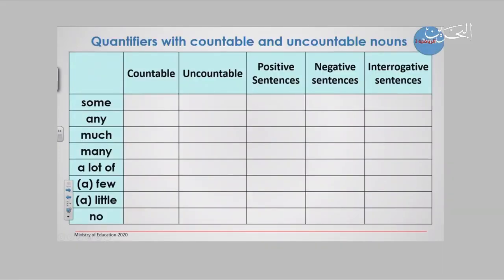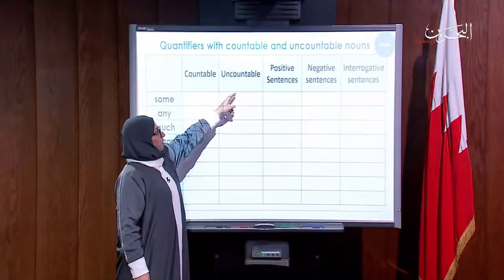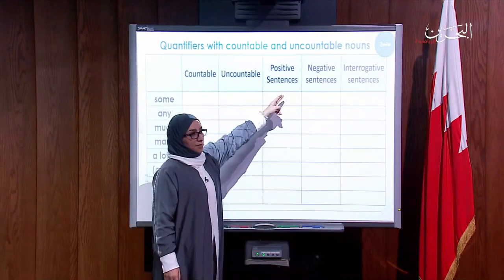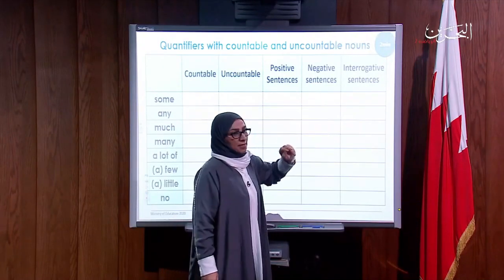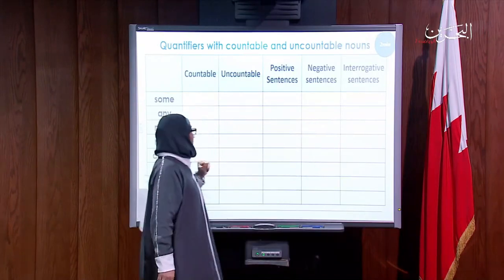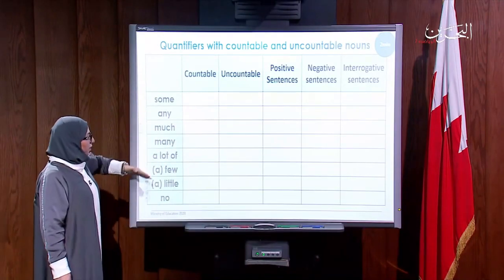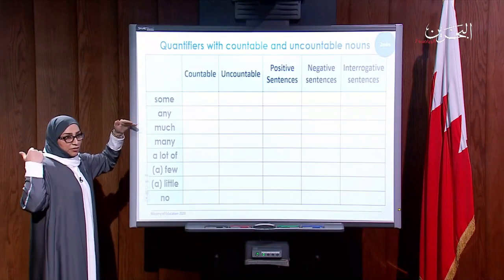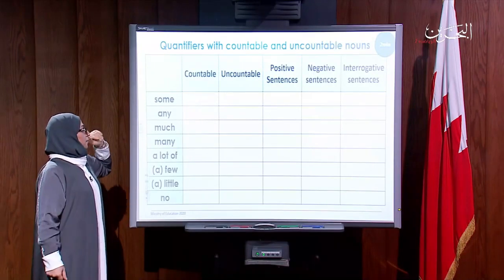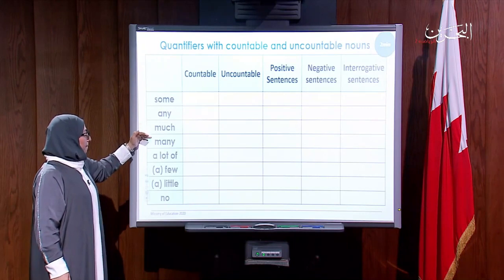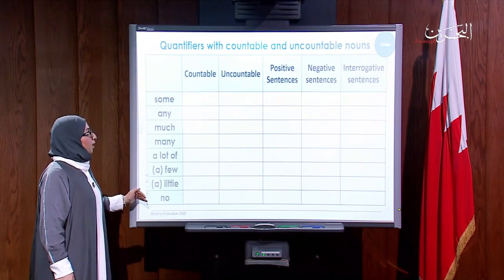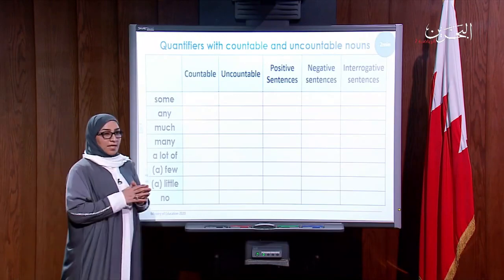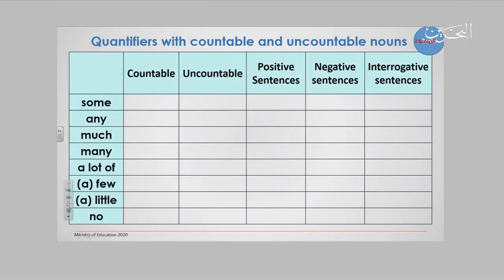You have a table here with columns: countable, uncountable, positive sentences, negative sentences, interrogative sentences, which are the questions. Here are the quantifier words I already introduced in the previous slide: some, any, much, many, a lot of, few, little, no. I'll give you 2 minutes to try to choose the right columns.